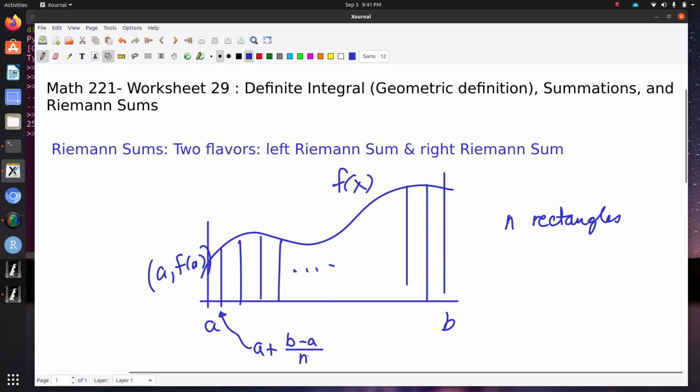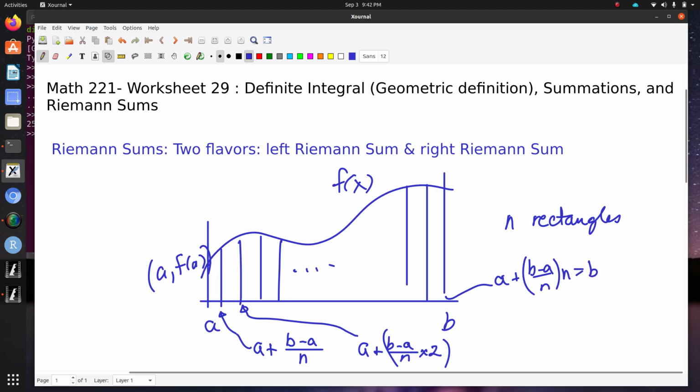And then the next x value is going to be a plus b minus a over n times 2. Okay, so it's going to be the same width but times 2. And then at the very, very end, it's going to be a plus b minus a over n times n, which of course is actually equal to b.